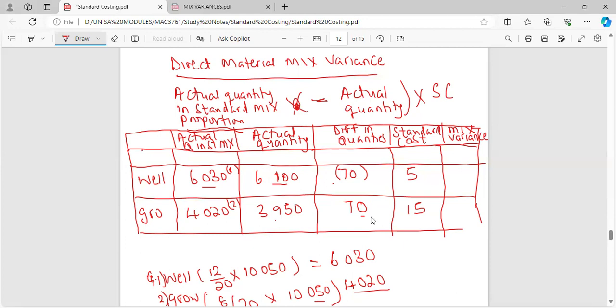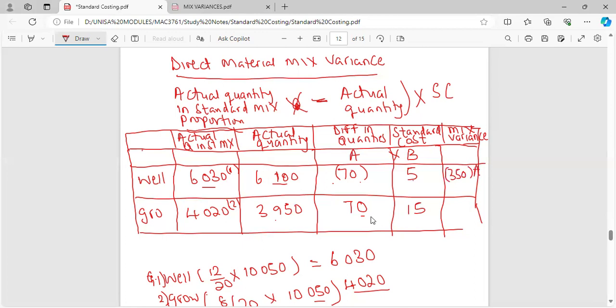Your mix variance now is going to multiply this times this one. So it's 70 times 5, it's 350. And this one is unfavorable, which is adverse.